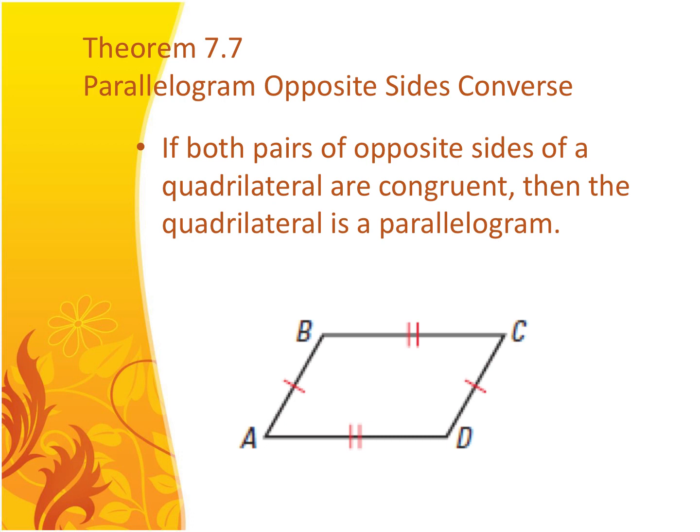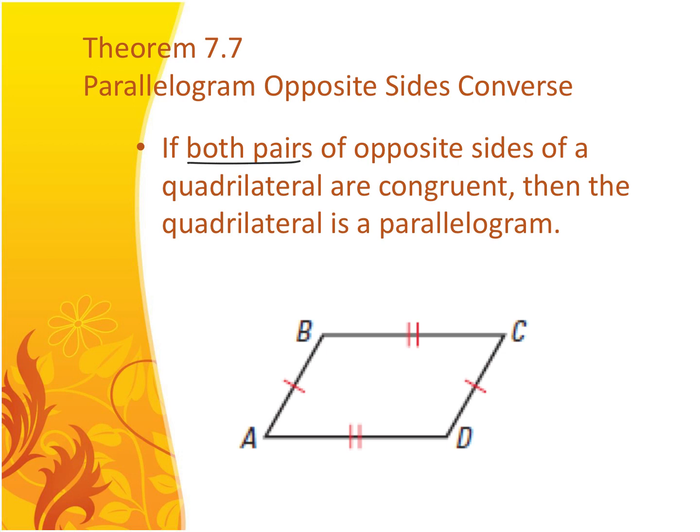The first one is called the parallelogram opposite sides converse. Again, don't memorize the number. This is our first way of proving that a quadrilateral is a parallelogram. So what this states is if both pairs of opposite sides of a quadrilateral are congruent, then the quadrilateral is a parallelogram. So we need both pairs to be marked as congruent.